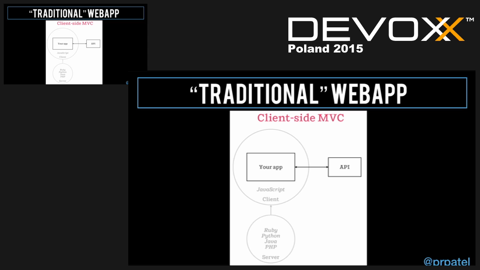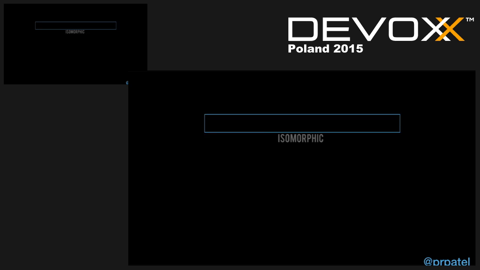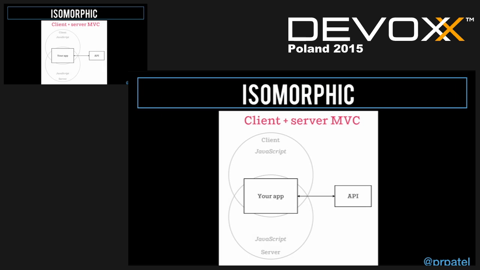That's what we think of as a traditional single-page web application. You have Angular, it initializes in the browser, and that's basically it. It just talks down to the server to get some data or whatever it needs to do stuff, but everything happens in the browser. So when we think of an isomorphic application, the line between the server and the browser is a little bit blurred.